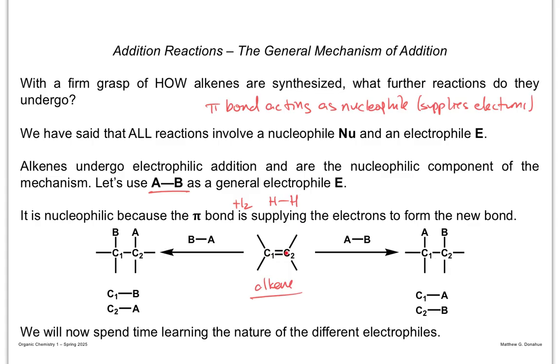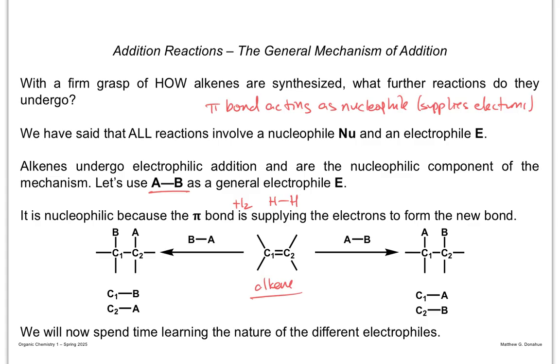Your sp2 hybridized carbons have been rehybridized to sp3. Now they're all sigma bonds. What about moving to the left? We're going to flip the orientation, B, A. Carbon 1 gets B, carbon 2 gets A. So what we have to do now is look at the substitution pattern of the alkene and the nature of the electrophile we're using.